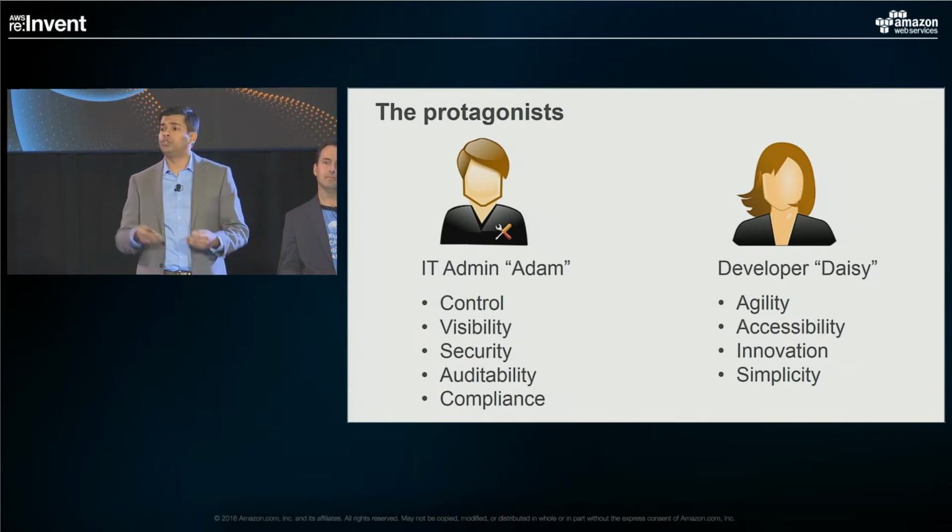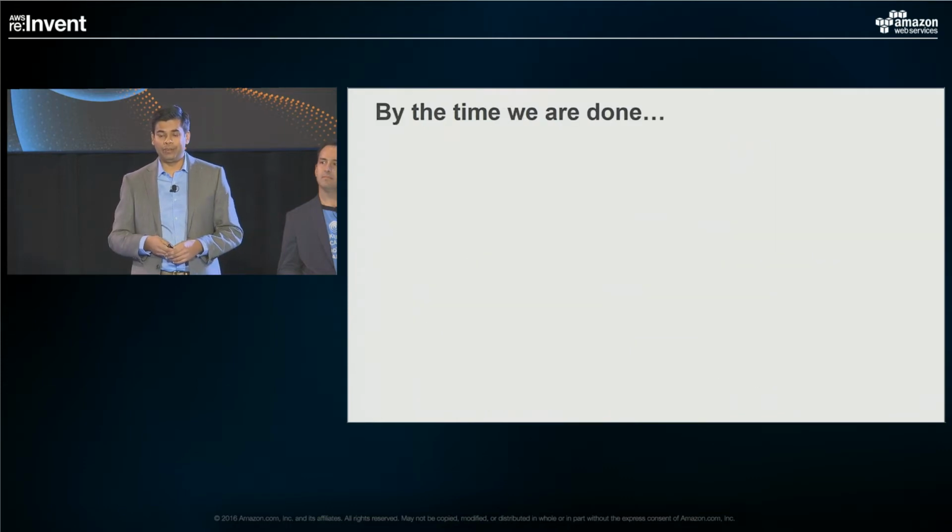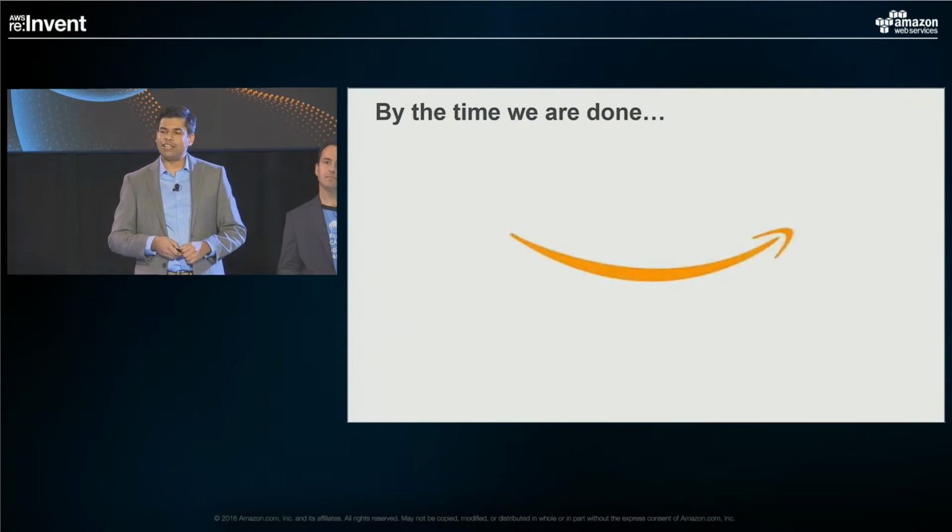She does not want to jump through too many hoops. Now, if we take a step back and look at these priorities, we'll notice that there's potentially a chance for conflict. Well, not quite. What I'm going to show you today is how Adam and Daisy collaborate with each other using management tools and walk away with a smile on their faces.